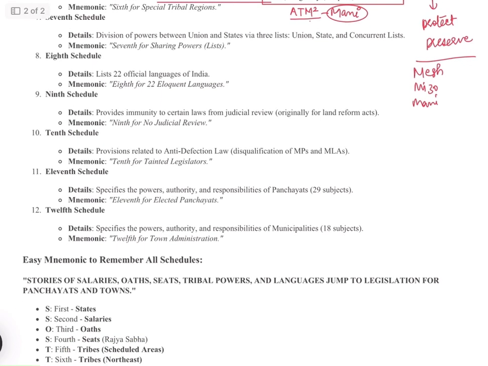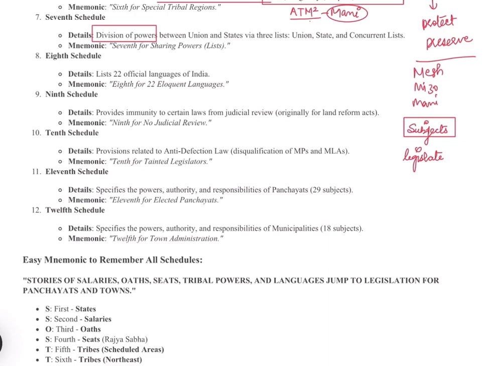Next one comes the seventh schedule. We had studied the federal feature, which talks about division of powers. Powers means subjects. For example, how many subjects are there on which you have to prepare for your examination? In a similar manner, how many subjects are there on which the government has to legislate? Legislate means to make laws upon.